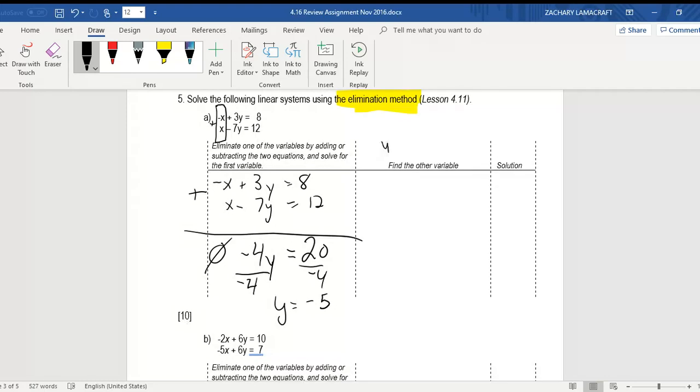Now we're just going to sub in y equals -5 into either one. We'll just pick the top one. So -x plus 3y equals 8. -x plus 3 times -5 is equal to 8, because I've just subbed this into that spot.